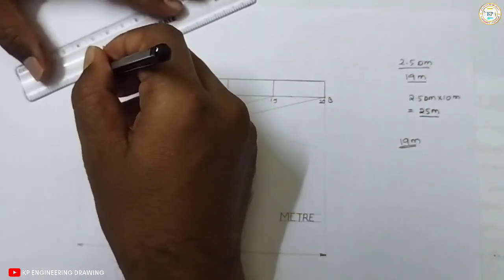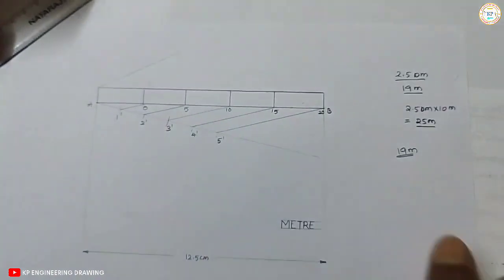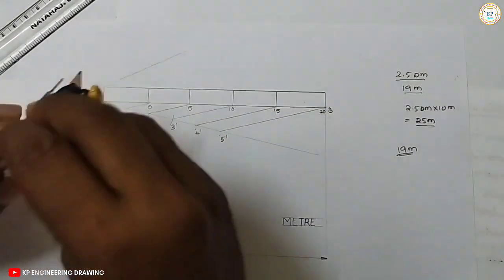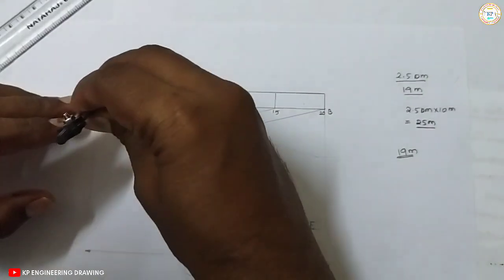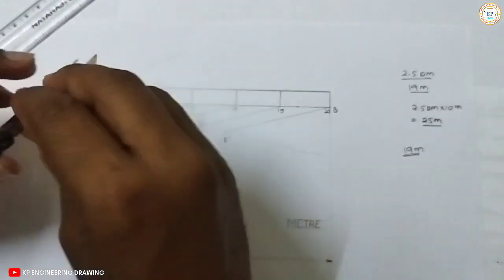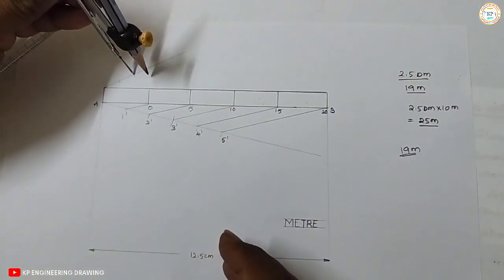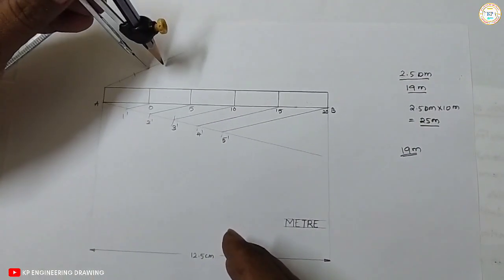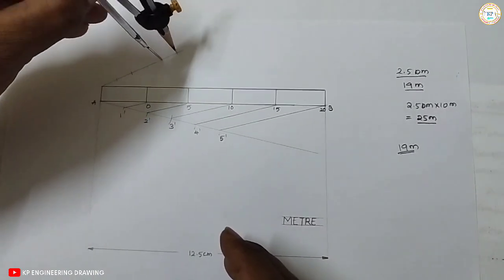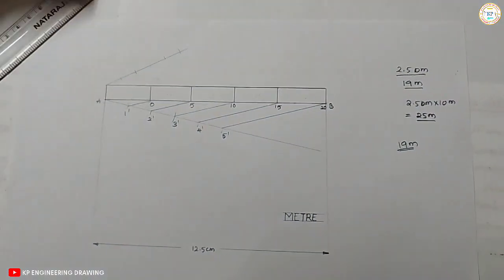So same procedure, that is less than 45 degrees. With some convenient radius, we are cutting this inclined line into 5 parts with the same radius. Right?